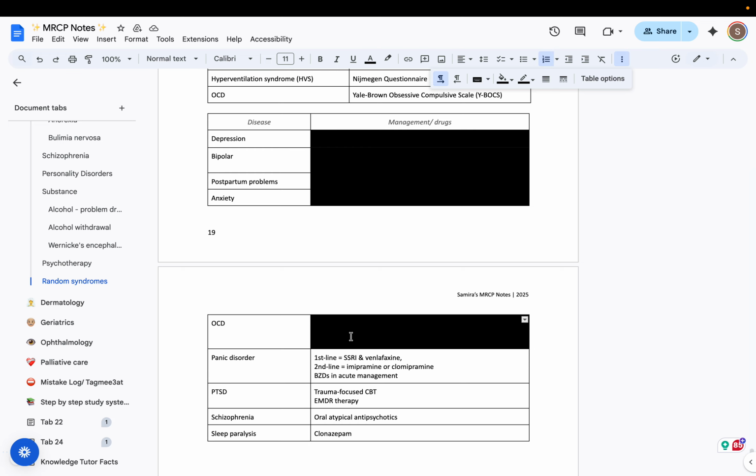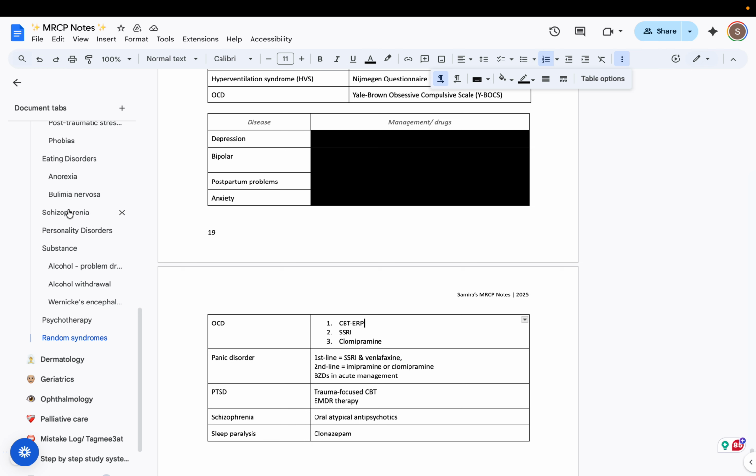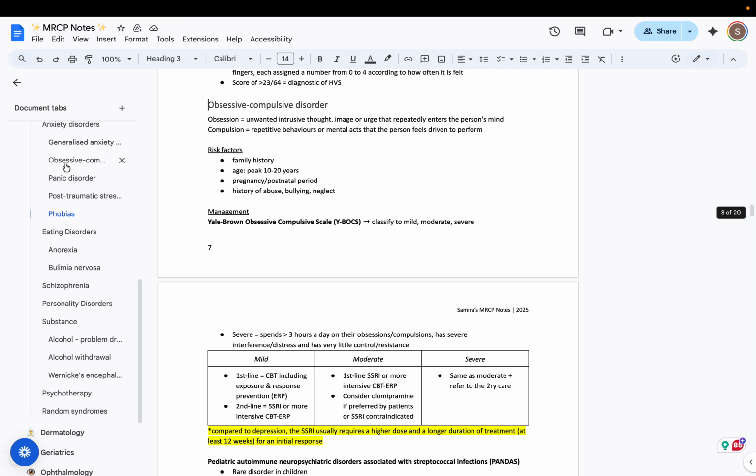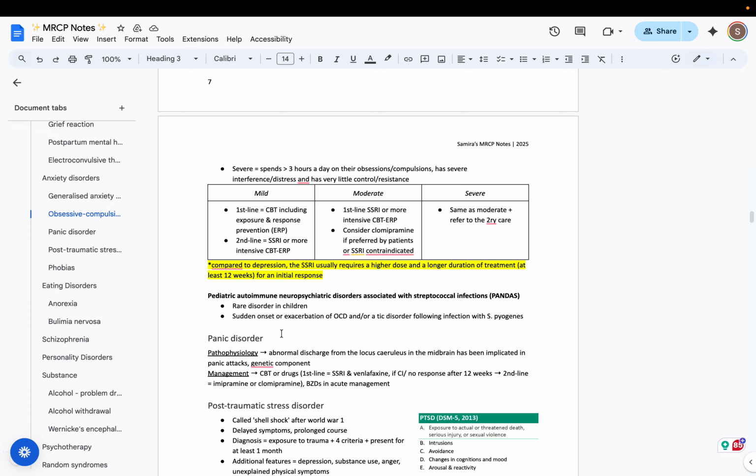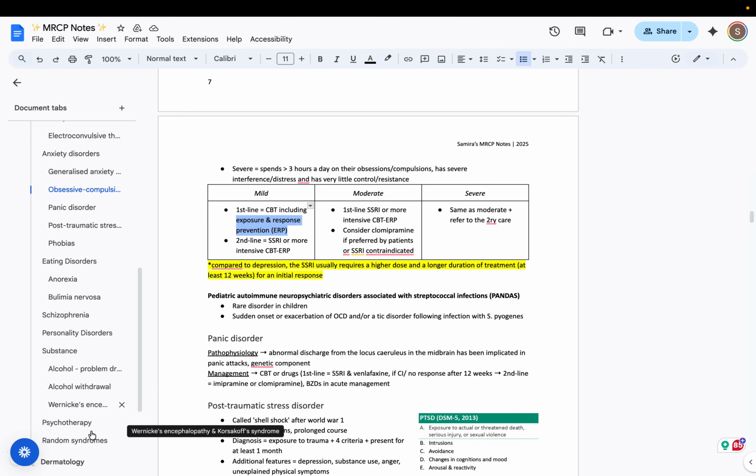Now for OCD, we give SSRIs, but for a longer duration. SSRI is second line, clomipramine is third line, and the first line is ERP. I forgot what this was. ERP: exposure and response prevention therapy.